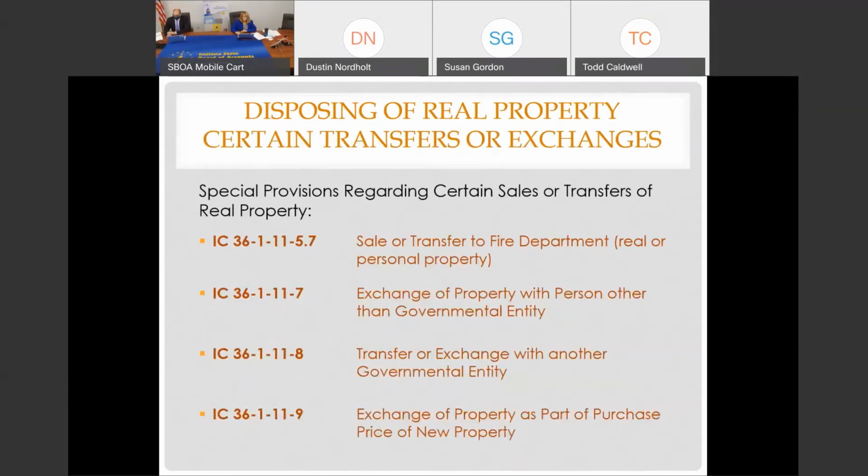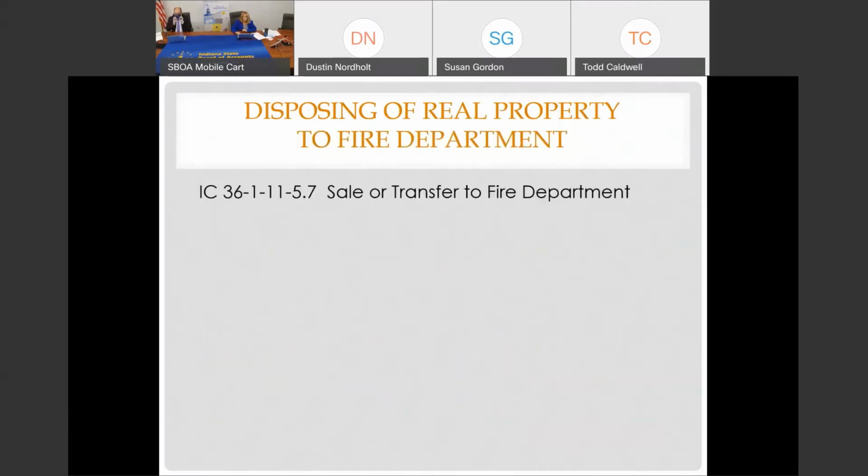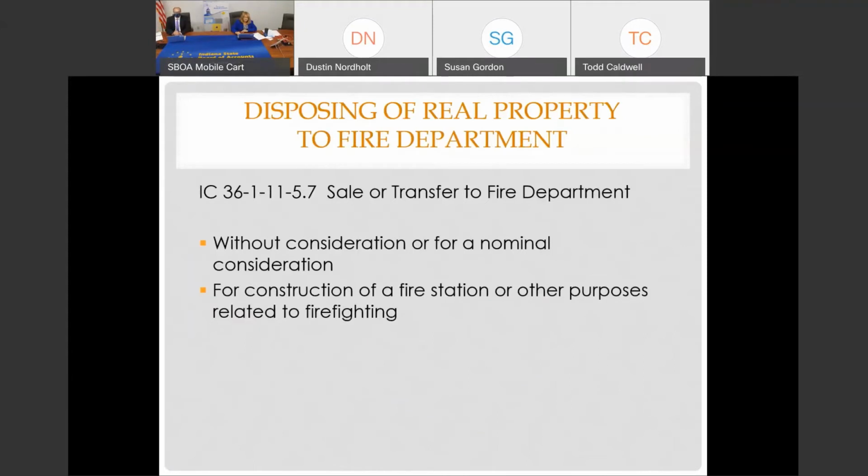Okay, this next section, again, is more special provisions. Again, wanted you to have the citations for these, and we'll go through these as well. Sale or transfer to a fire department can be without consideration or for nominal consideration, and it's for items for construction of a fire station or other purposes related to firefighting.